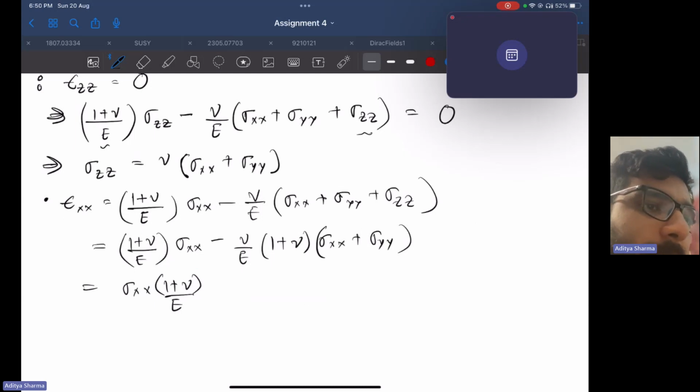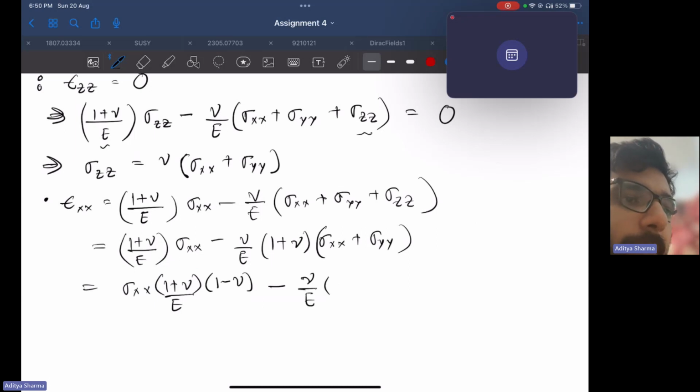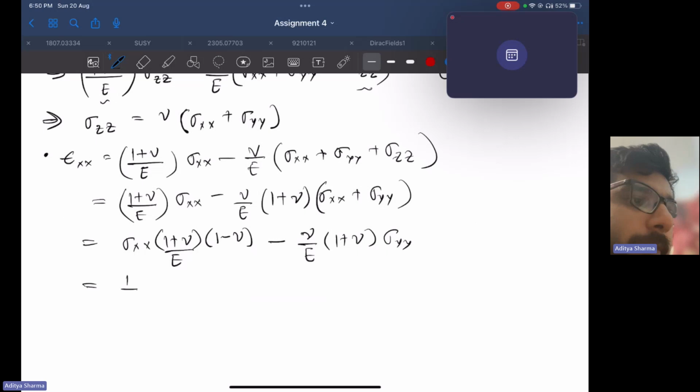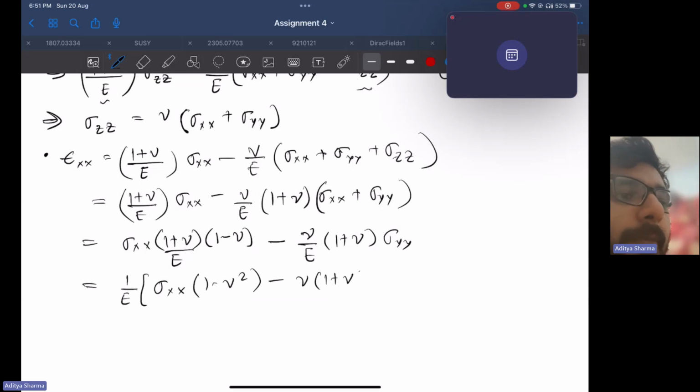Sigma xx is taken as common, and we'll get 1 minus mu minus mu square, minus mu by E times 1 plus mu sigma yy. This is nothing but 1 by E sigma xx times 1 minus mu square, minus mu times 1 plus mu sigma yy.